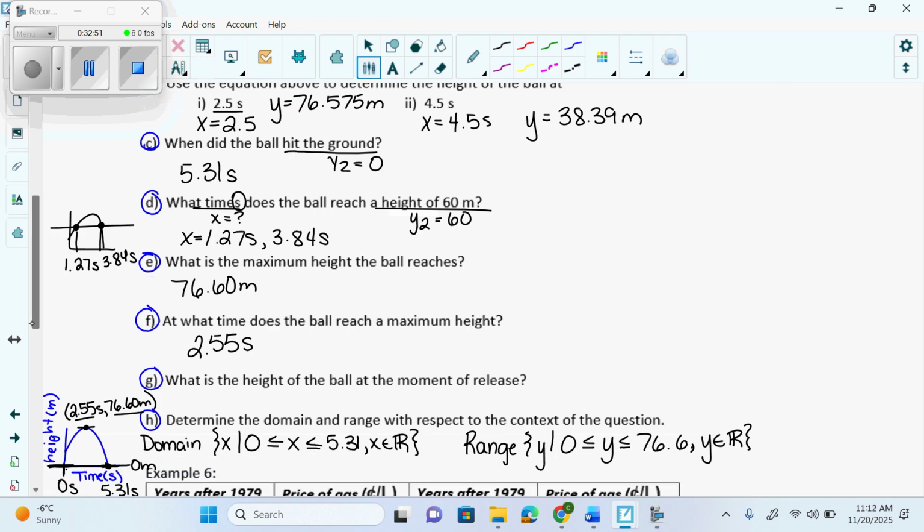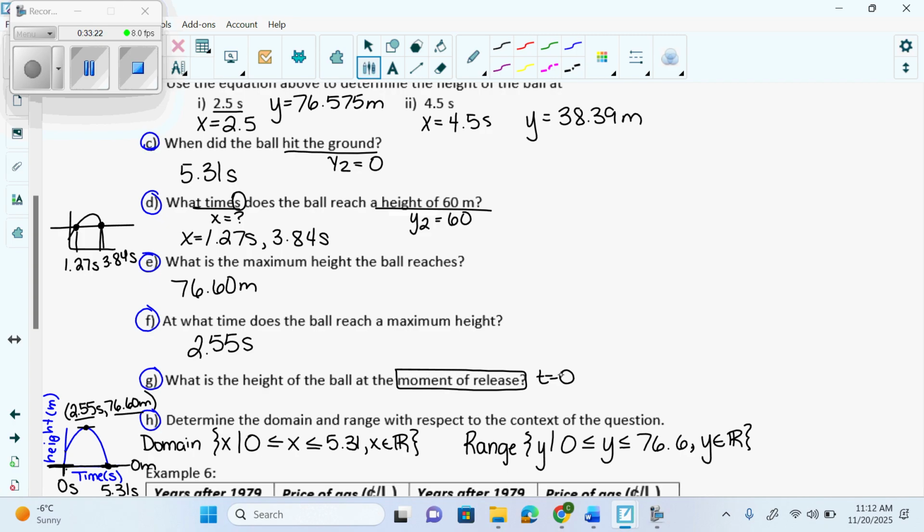And then G says, what is the height of the ball at the moment of release? The moment you release the ball, the moment you hit it. What is this a fancy way of saying? Time equals 0. And where does time go in, X or Y? X. So I go second, trace, value, 0, enter.